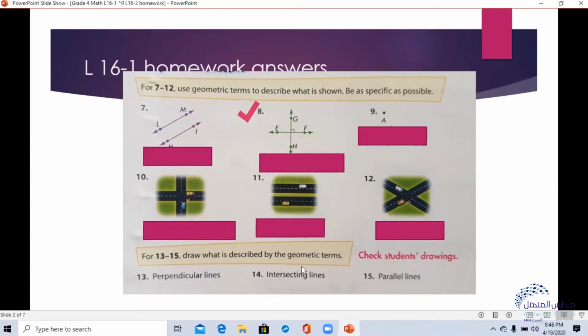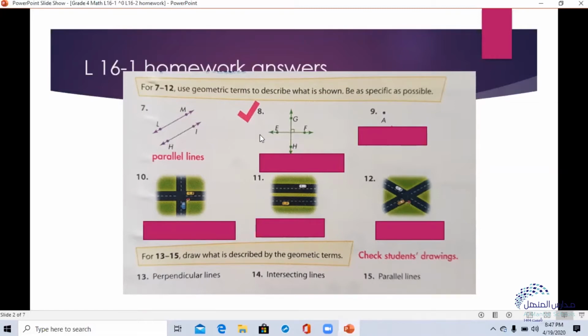So question number 7. If we look at the lines L, M, and HI, these lines run next to each other. It seems that they will not cross one another, which means they are parallel lines. If we look at line EF and line JH, we see that we have a square there in the center.